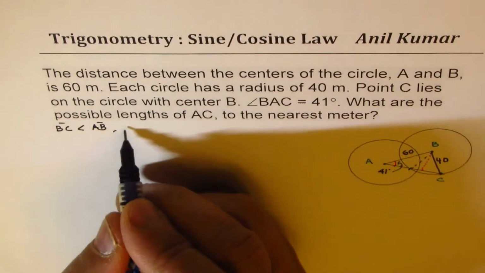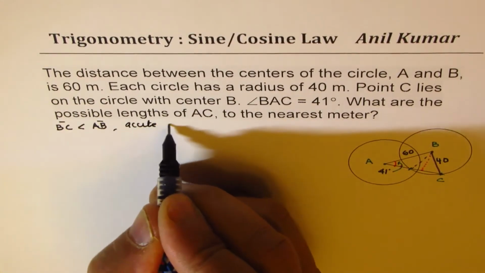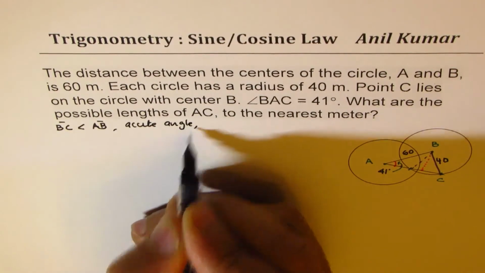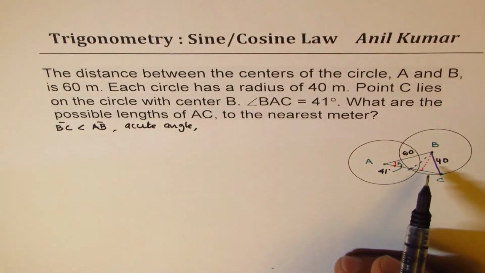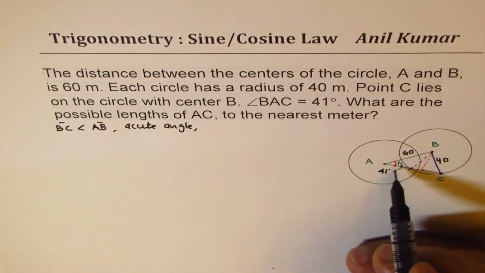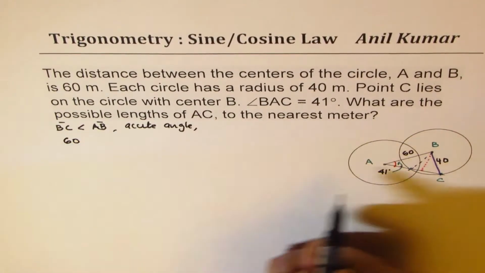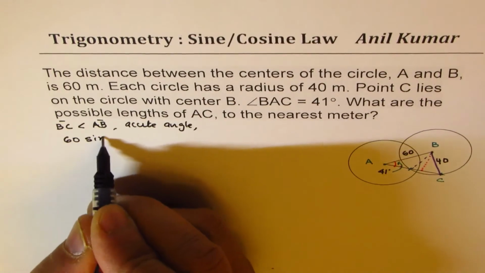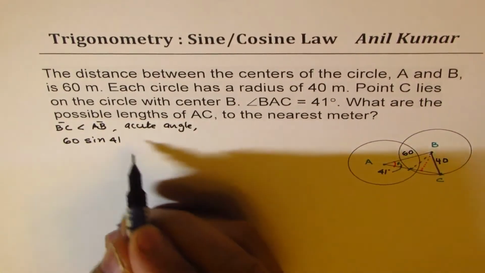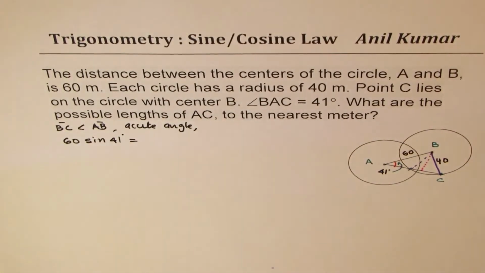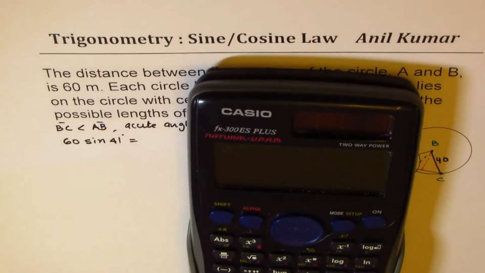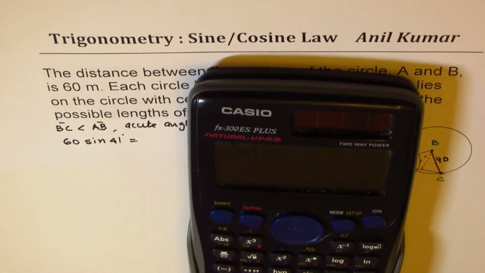And it's an acute angle. So we'll compare for B sine theta, which is, let's calculate what is 60 sine of 41 degrees, right? Let's compare 40 with this. So we have 60 sine of 41 degrees.